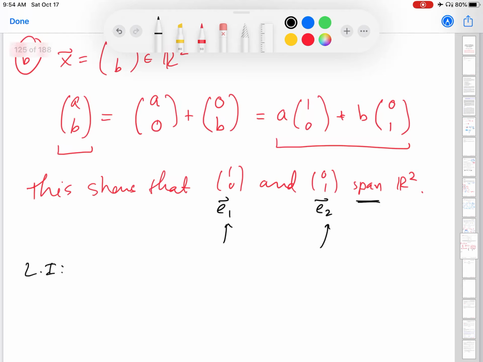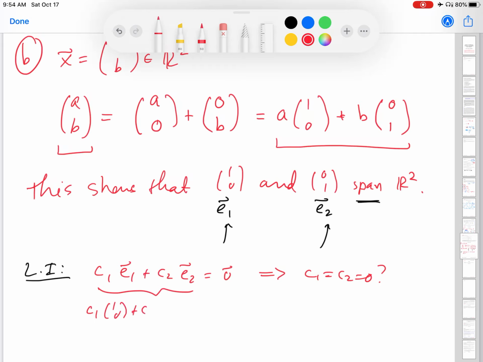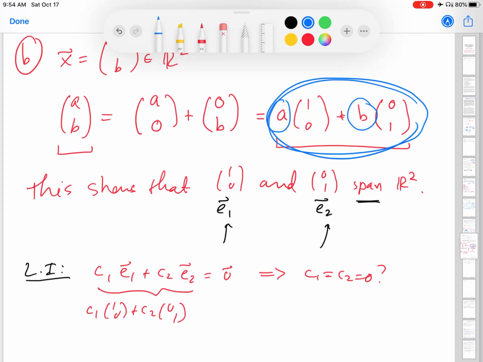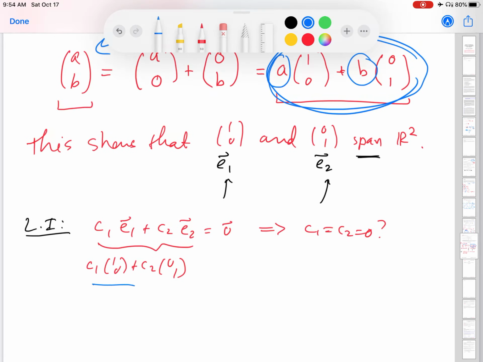Now let's show that they're linearly independent. I'm going to do the same check. Is it true that when I form an arbitrary linear combination of E1 and E2, C1 and C2 are both 0? On the left-hand side, this is C1 times (1, 0) plus C2 times (0, 1). That's like going back up here, except A is C1 and B is C2. So I can fast forward to over here and simplify this to (C1, C2).